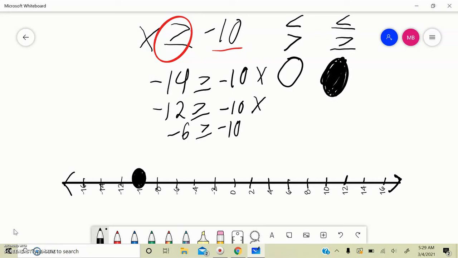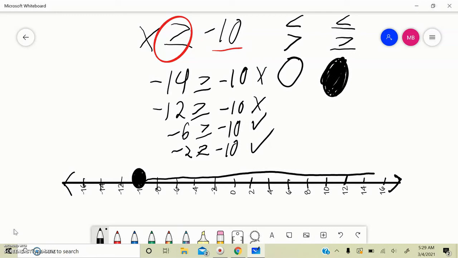So, I'm starting to get an inkling which way it's going. It checks out. Let's do one more. Let's do negative 2 is greater than or equal to negative 10, which is true. So I know exactly that my line is going this way towards my positive numbers.